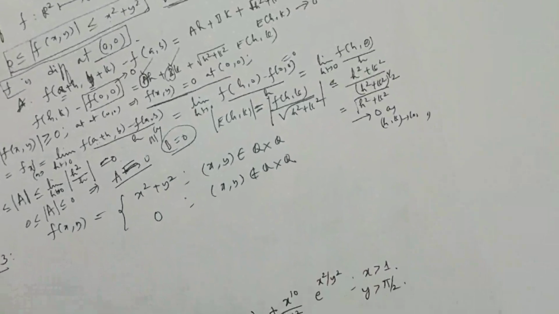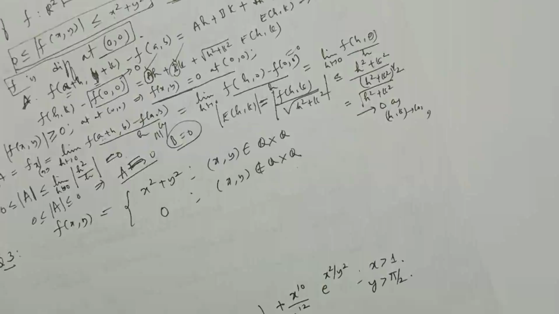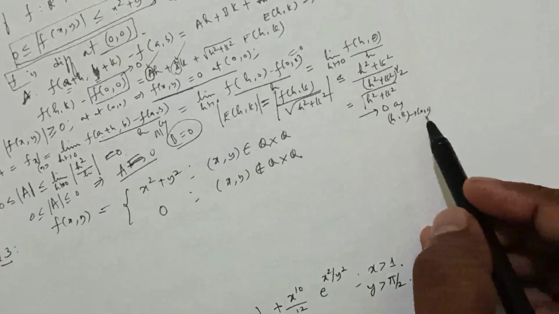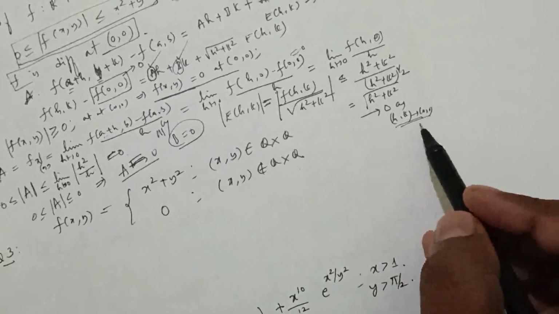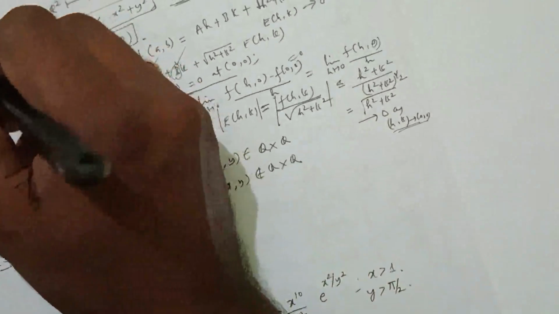In the sense, the error function e of h comma k is tending to 0 as your x and y tend to 0 comma 0. Idea is clear? So the function is differentiable.